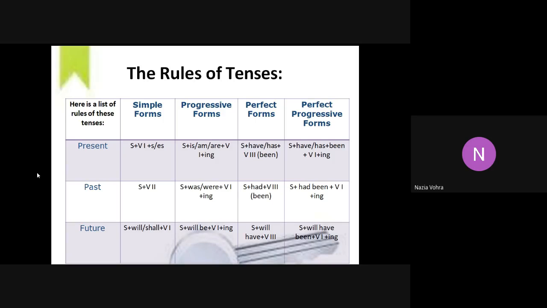Okay, the form of verb will not change in perfect progressive form. But what we are doing is have, has plus been of perfect form. We are adding it together and we are making a perfect progressive sentence. But trust me, in the regular conversation, in writing or speaking, I hardly come across such a kind of format.